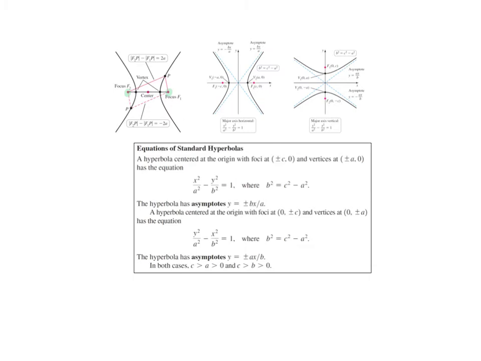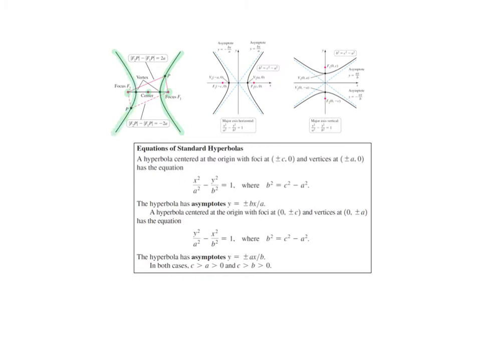And here our center is going to be at the point (0, 0), the origin. So the hyperbola is going to have a center. The foci are actually sort of like on the inside part of our hyperbolas.